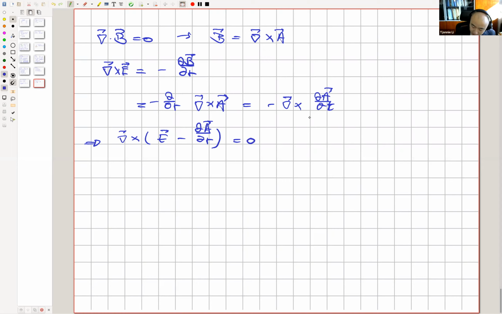I'm simply putting the right-hand side over to the left-hand side, and I can take the curl out. Now I've got some field that must equal 0, some curlless field. So indeed, the field that has no curl is no longer E, but E minus the time derivative of A.